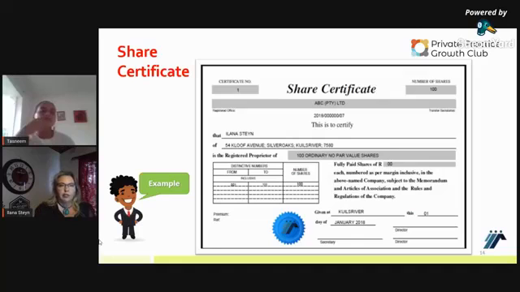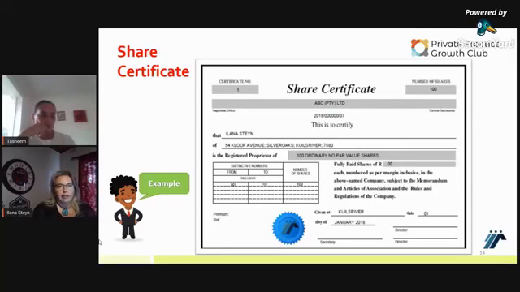On the right-hand side, it tells you how many shares are currently issued to this person. In the middle, I've put ABC Pty Limited. That would be the name of the company, and then also the registration number. This is how we would usually make sure that it's the right company, because the name and the registration number will correlate with each other.